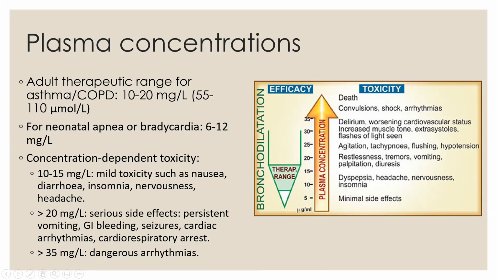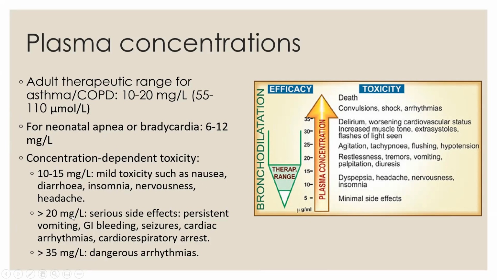All right. So concentration dependent toxicity, yeah, from 10 to 15. Actually, 10 to 15 is still therapeutic range, right? But it may already exhibit some mild toxicity such as nausea, diarrhea, insomnia, nervousness, and headache. Yeah.